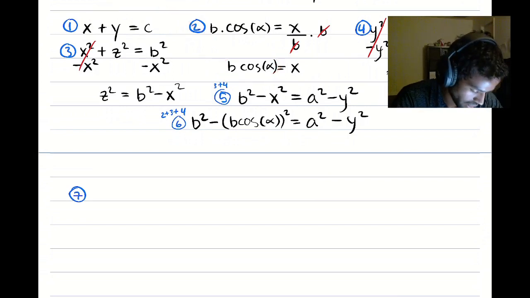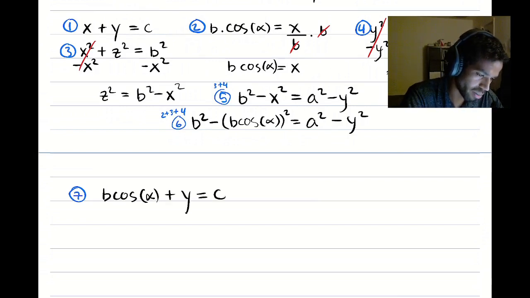So now I have b cosine of alpha plus y is equal to c. So I've just replaced the x here with b cosine of alpha. So this is going to be a mixture of equation 1 plus equation 2.